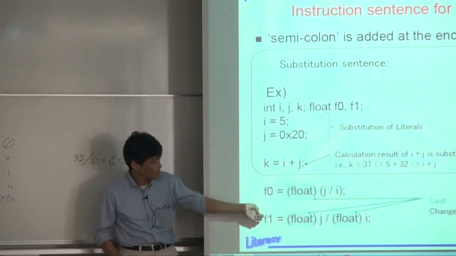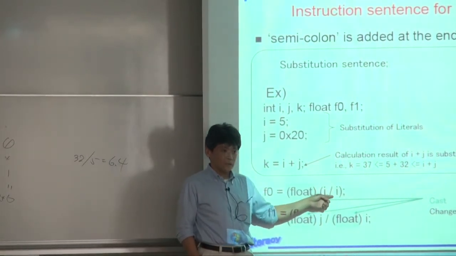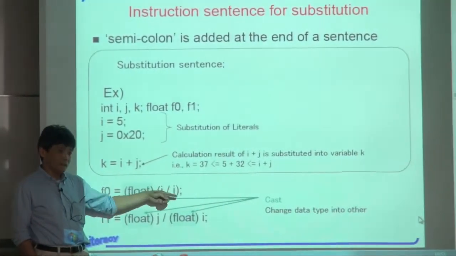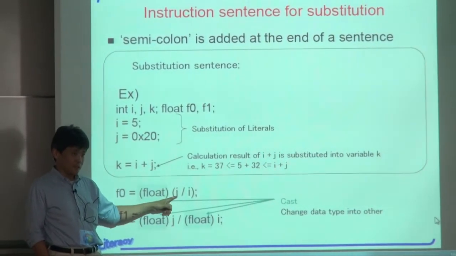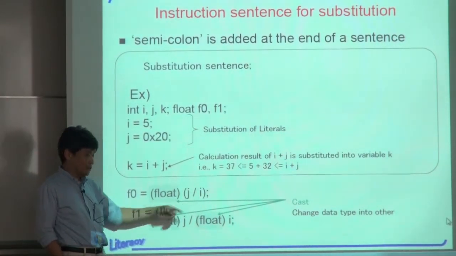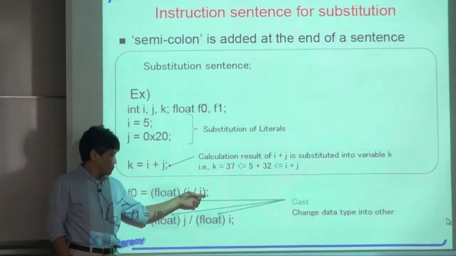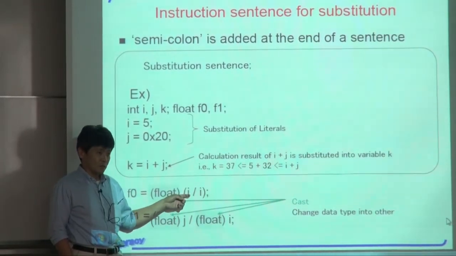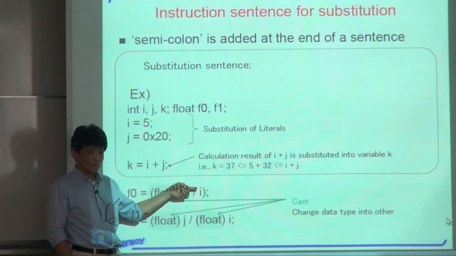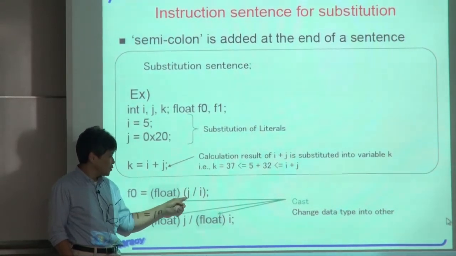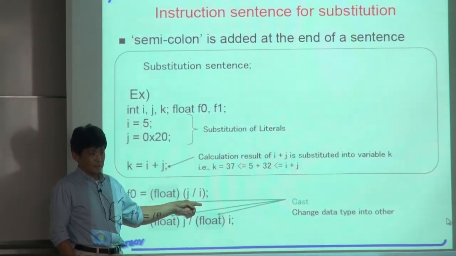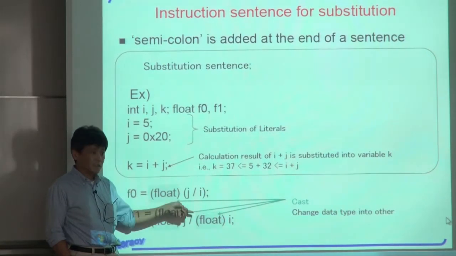Sorry, I made a mistake. So in these cases, f0. Do you know what number should be stored in f0? Do you know? So this case and this case are different. Because this division operator divides the integer number j by the integer number i, the calculation result usually should be an integer number. Okay, because this variable is treated as an integer and this variable is also treated as an integer, so the return value is also treated as an integer.